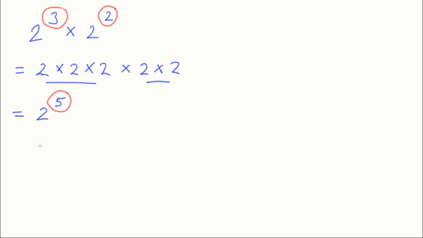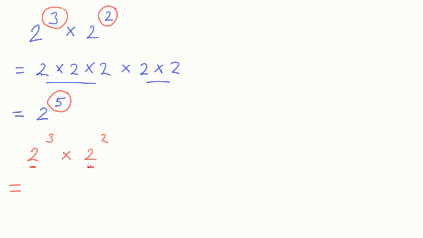If you said add them together, you are absolutely correct. So using the first index law for multiplying indices, the rule is: keep the base and add the powers, or add the indices. You can only use the law when the bases are the same, and the 2 is the base here, and the 2 here is also the base.